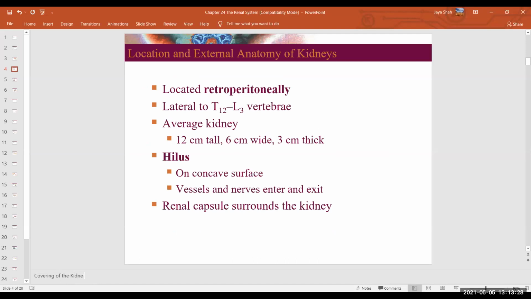So the outermost covering is number one, fascia, not fascia, let me show you, what is that called?